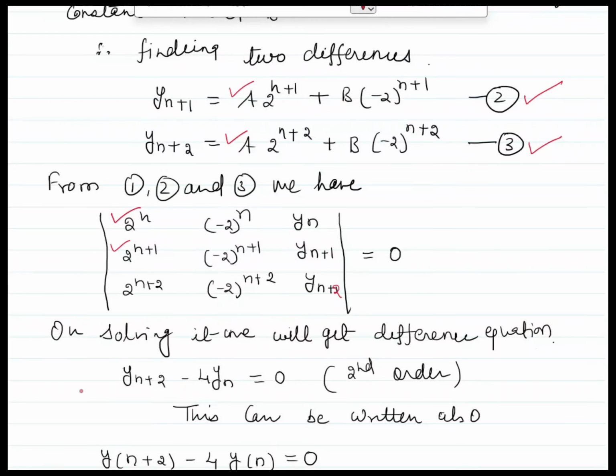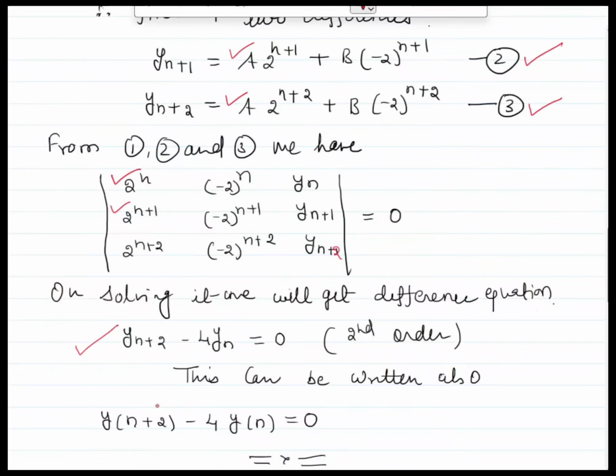If we solve this, we will get the final solution y(n+2) minus 4y(n) equals 0. It means that this is the second order difference equation.